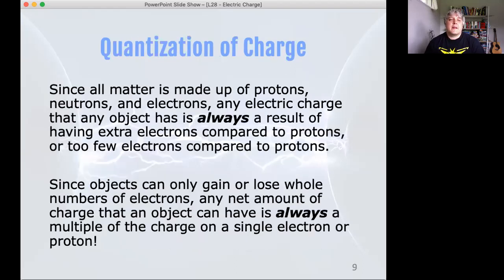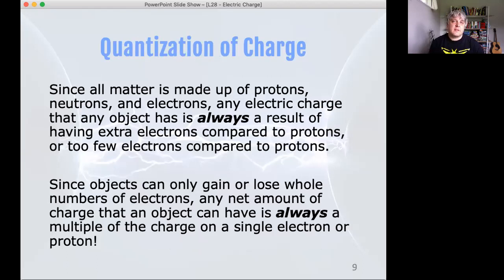Since all matter is made up of protons, neutrons, and electrons, any electric charge that any object has, if it's made up of our standard matter, then its total net charge must always be a multiple of the charge on a single proton or electron, because it's made up of multiple protons.